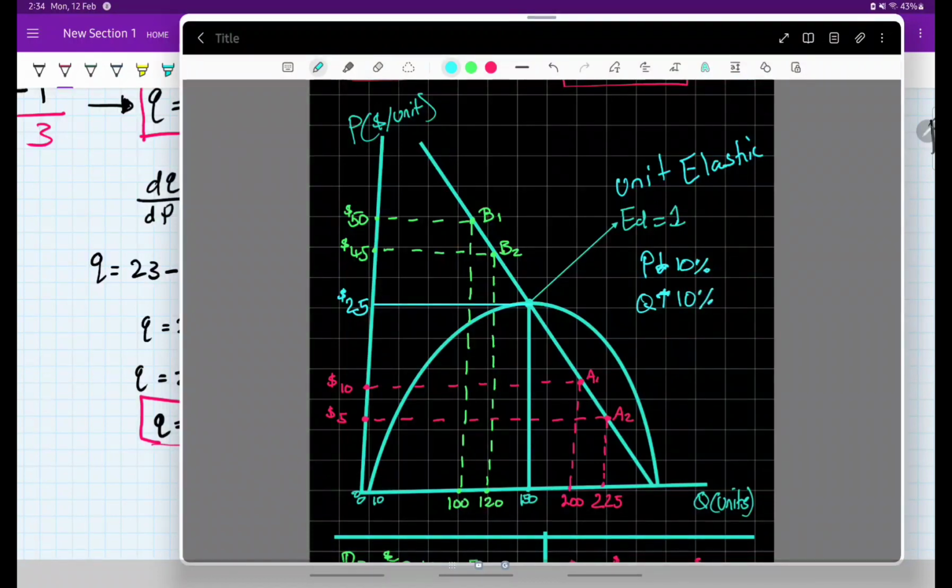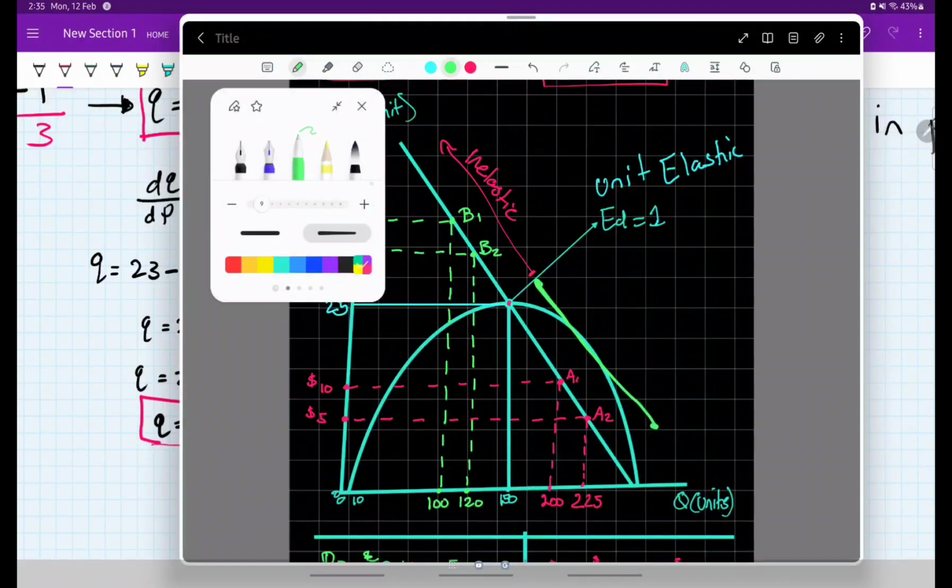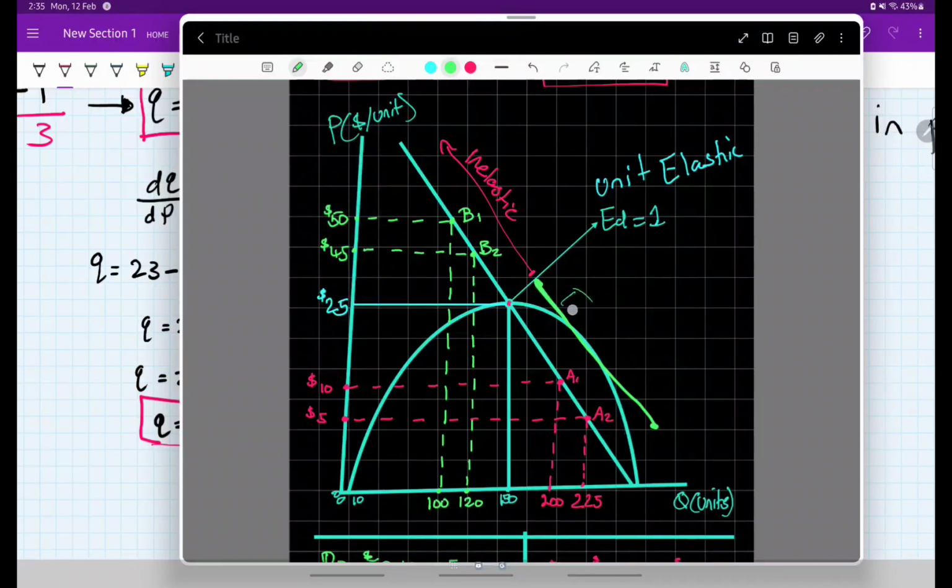That is what is unit elastic, and unit elastic is equal to 1. Anything less than that is inelastic. So from this portion starting there, you'll get what's called elastic.